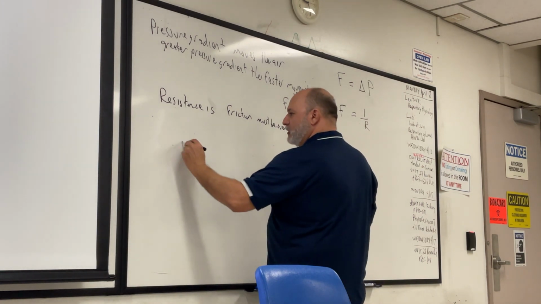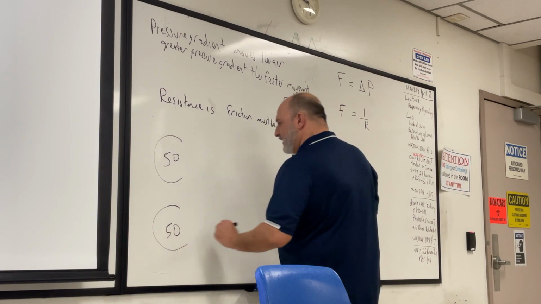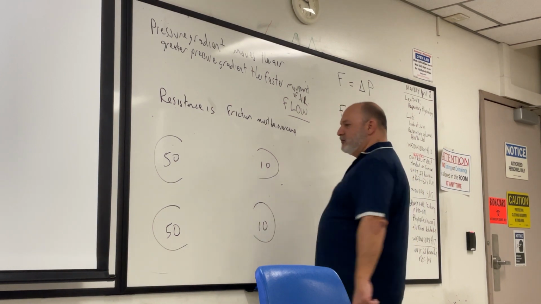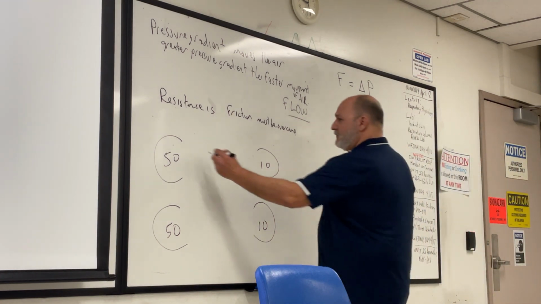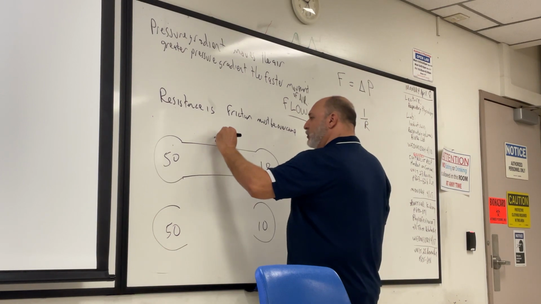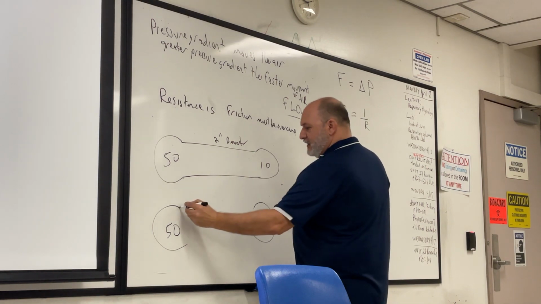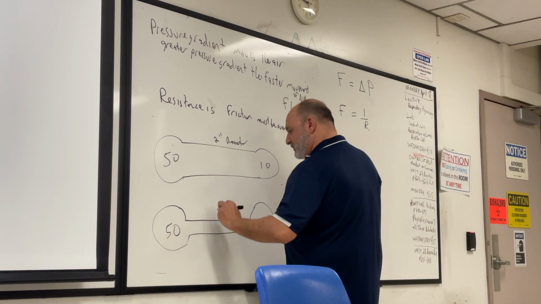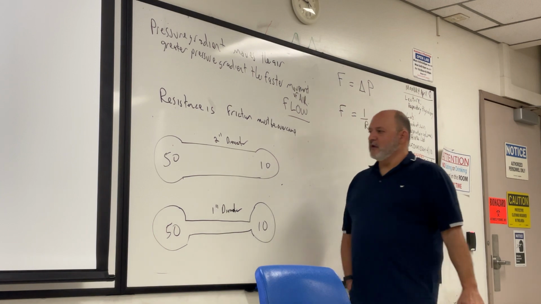Let's set up our two tubes again. And again, we'll put 50 on one side, and we'll put 10 on the other side. So the pressure gradient is the same. But in one of them, we're going to have a 2-inch diameter tubing, and in the other one, and again, these numbers are not realistic, but I'm going to do it anyway, a 1-inch diameter tubing.